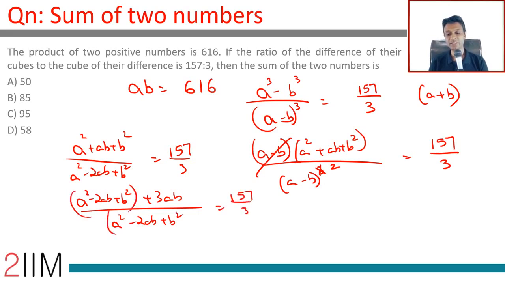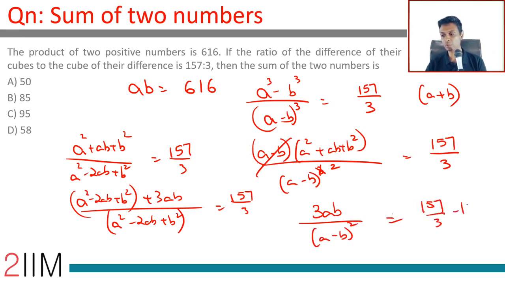Why have I written it like this? Numerator is equal to denominator. This is 1, or 3AB by (A minus B) whole square is 157 by 3 minus 1, which is 154 by 3. AB is 616. Let's work with that.